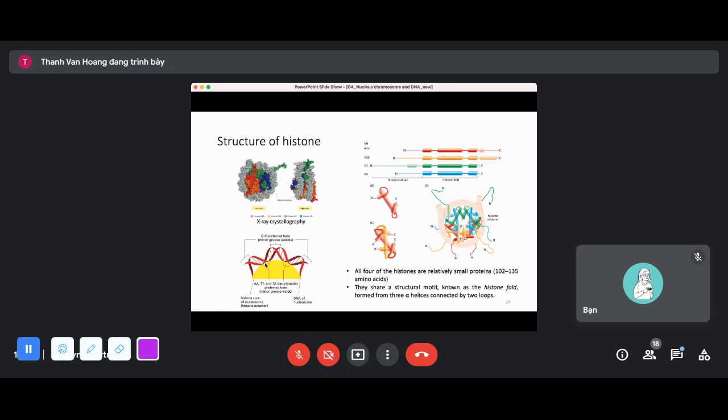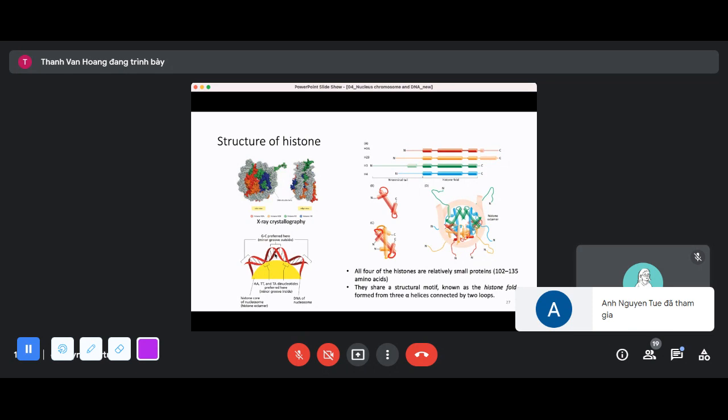And as you see here, this histone is a structural protein. So in this organization, the DNA exposes its major groove to the outside, so other protein complexes can easily interact with the major groove of the DNA. It's quite interesting, right?